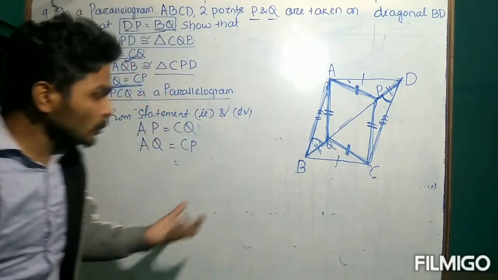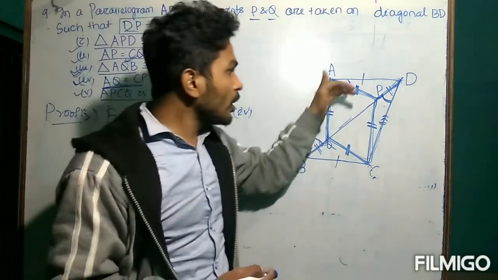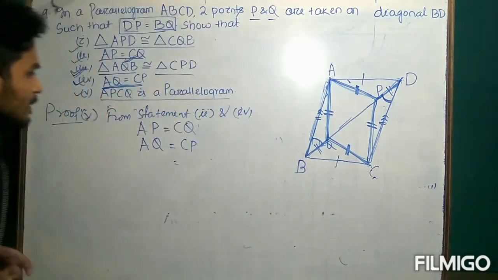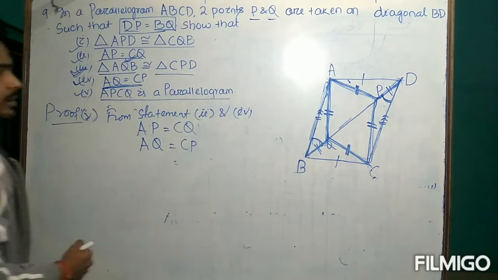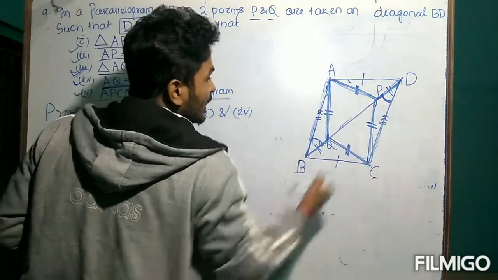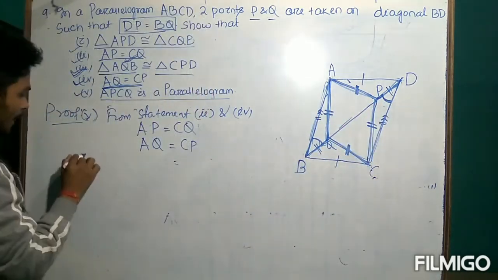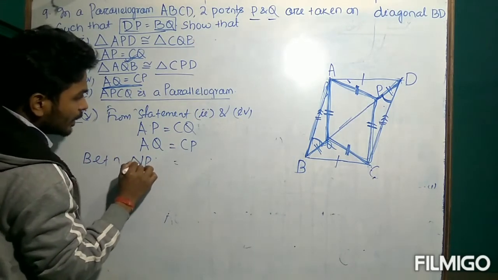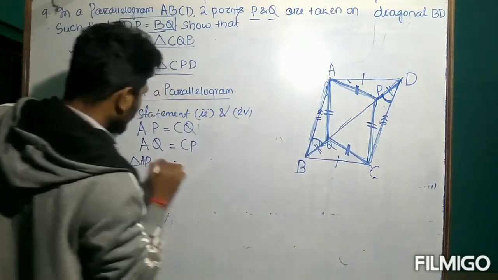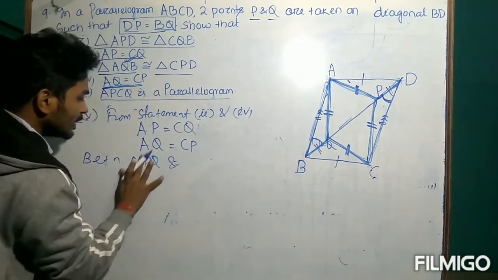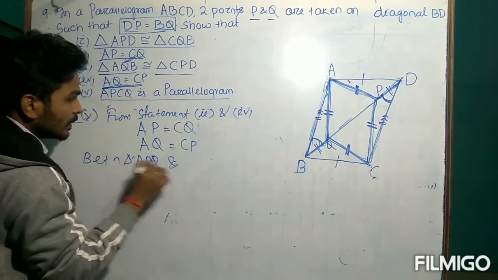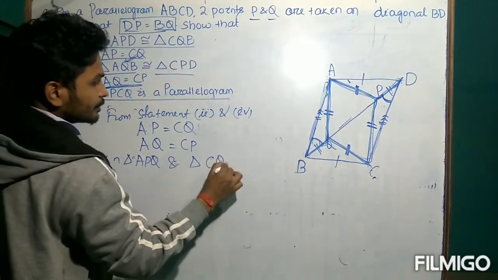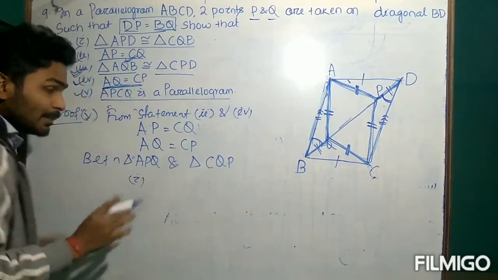And now our target is to prove that the pair of opposite sides are parallel. How can we prove it? Let's understand. For this, we have to consider two triangles, APQ and CQP. Between triangle APQ and triangle CQP, we will make them congruent.